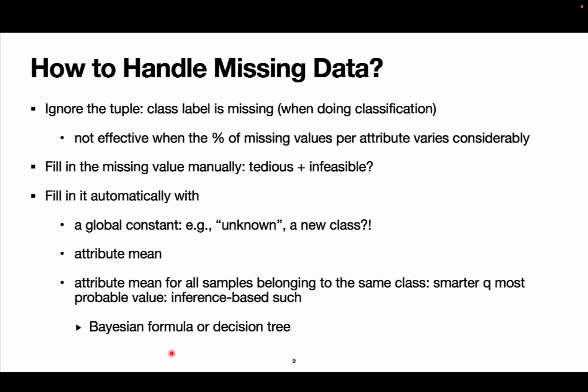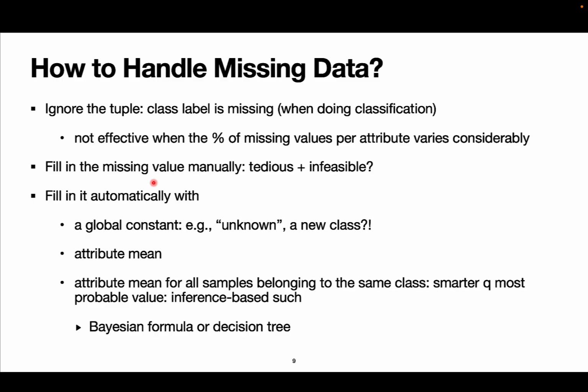How to handle missing data? There are many reasonable ways to compensate for those missing values. If the problem only happens with a very small percentage of the data, then it's okay to drop those entries.